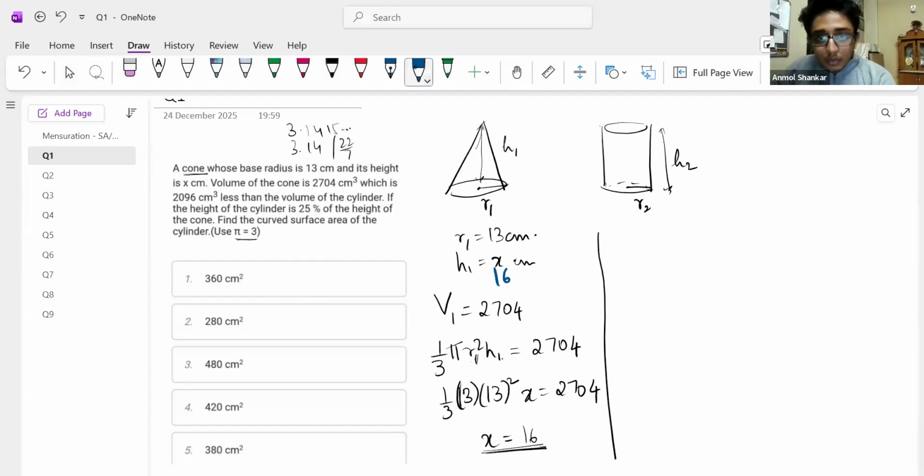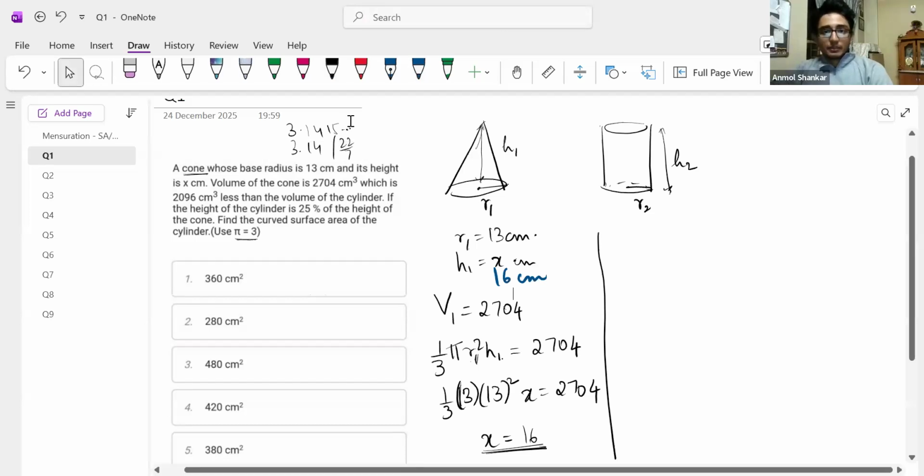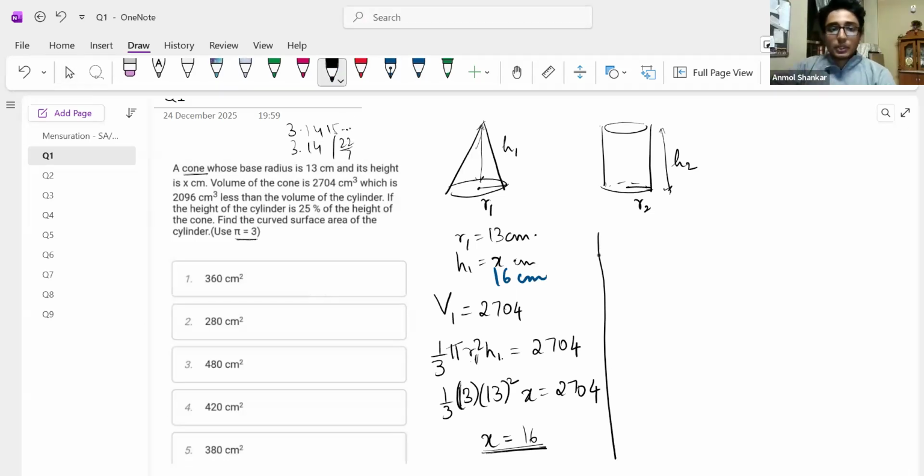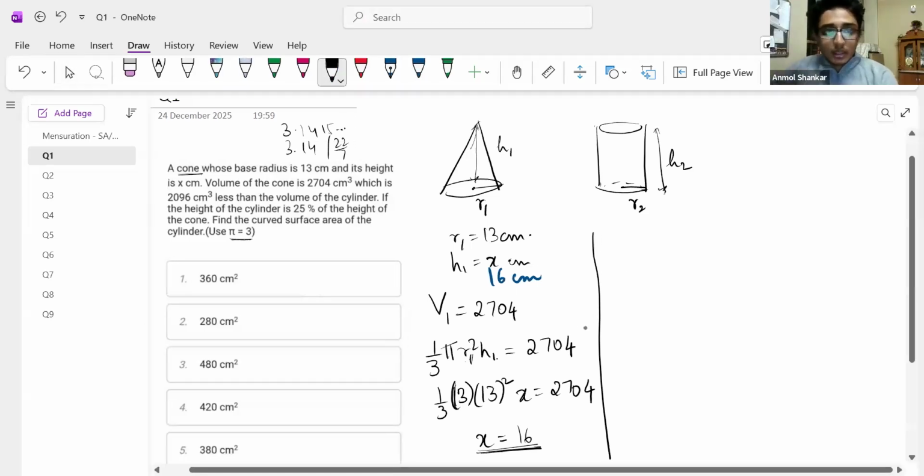16 centimeter, we know. Okay, now what is the volume of the cylinder? Let us first go with R2, H2, let us write everything.